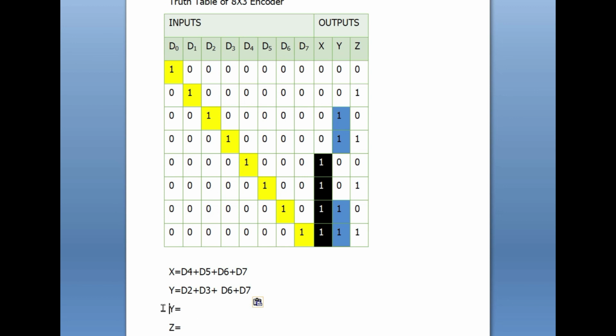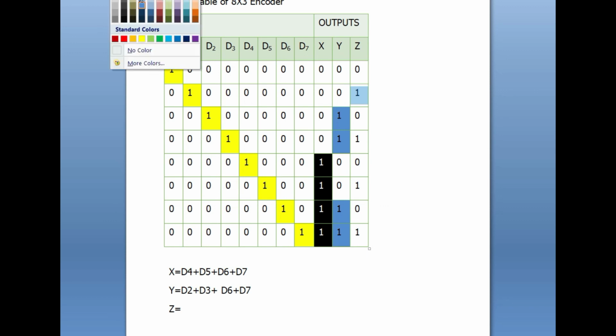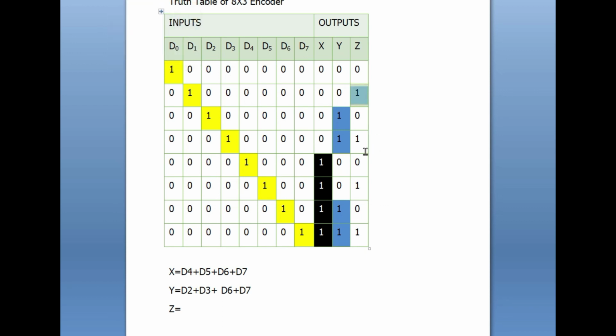Then for Z, it receives 1 here because of D1, this is because of D3, this one is because of D5, and this one is because of D7.